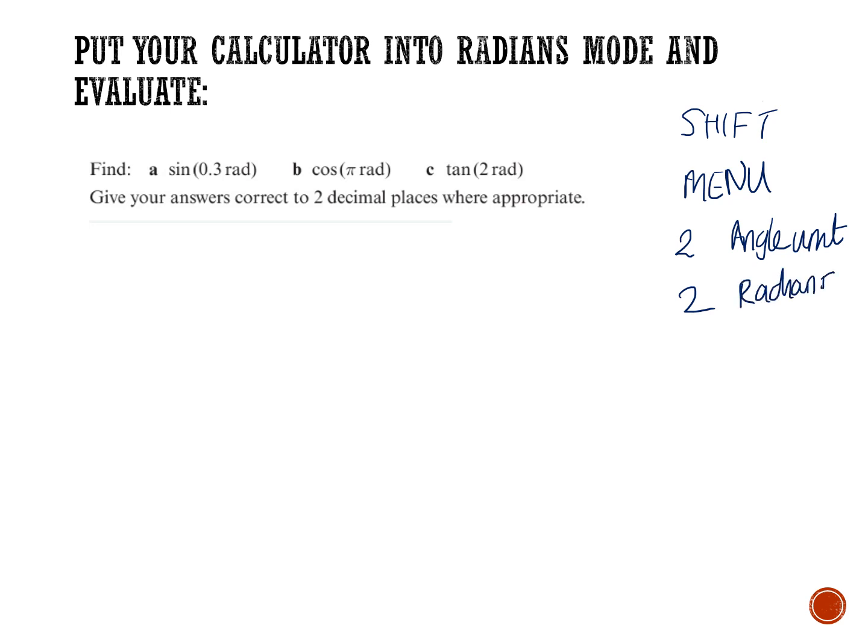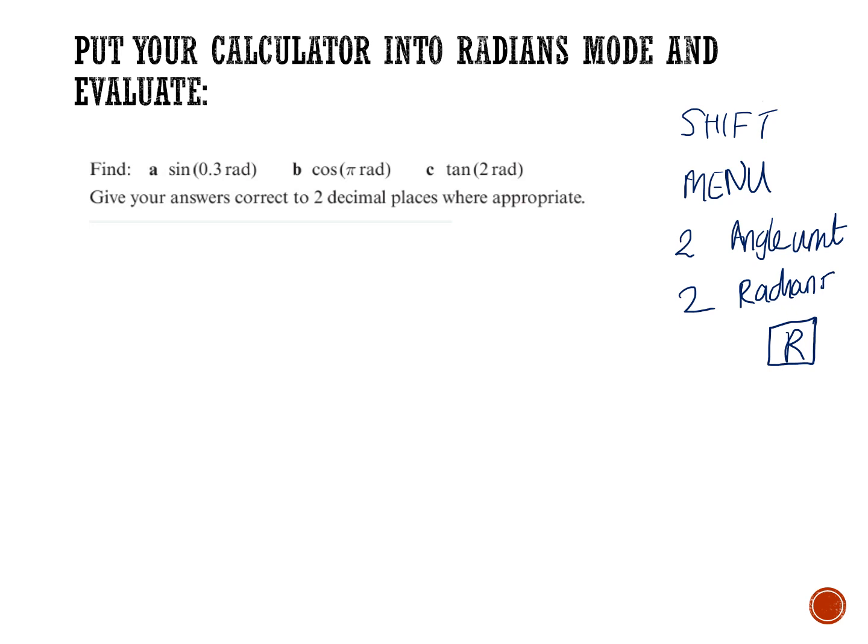Once you've done that, notice at the top there you've got an R with a black box around it. That tells you you are in radians mode. Now in your A-level maths exam, you will need to be able to change between radians and degrees depending on what the question is asking you to work in. So you have to remember, you do Shift, Menu, option 2, and then you choose 1 for degrees and 2 for radians.